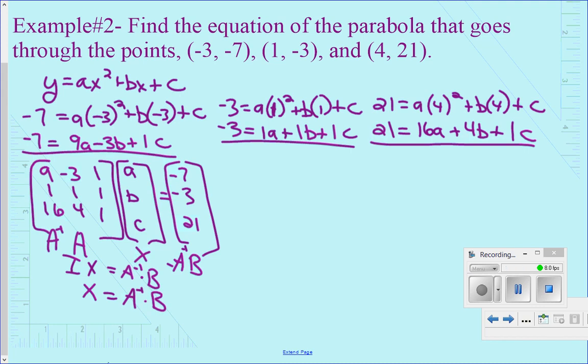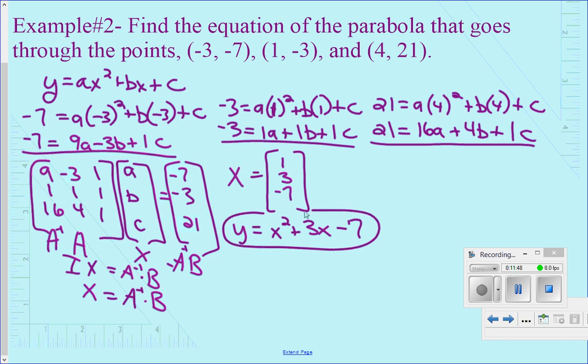Okay, so we get 1, 3, and -7. And that's our equation in standard form.